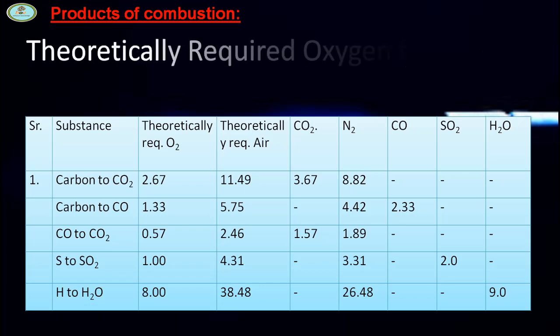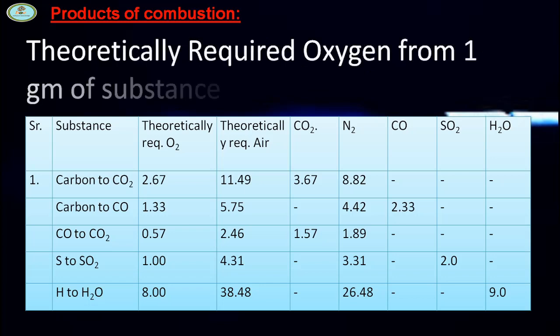Theoretical required oxygen per 1 kg of substance is given here. Carbon to CO2 theoretically requires 2.67 kg. Carbon to CO theoretically requires 1.33 kg. CO to CO2 theoretically requires 0.57 kg. S to SO2 theoretically requires 1 kg.